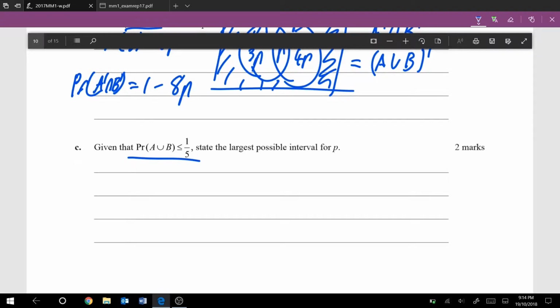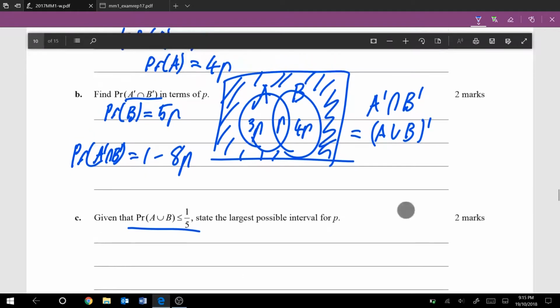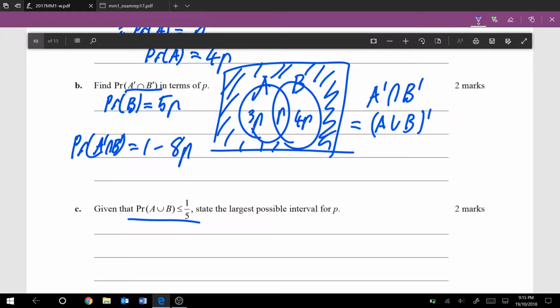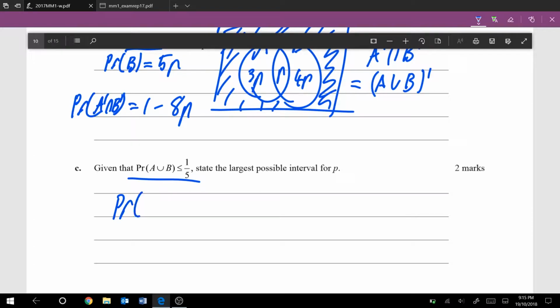Okay, so A union B. Now we can look at the Venn diagram or the probability table that we had beforehand, and we can see that A union B is going to be our 8p. So the probability of A union B equals 8p, right?